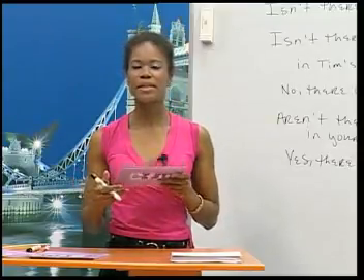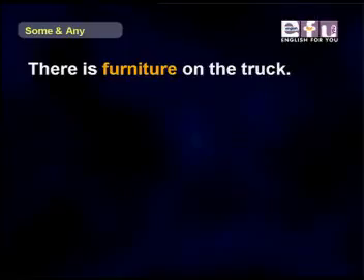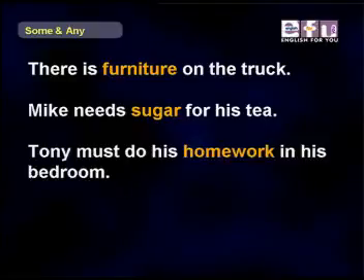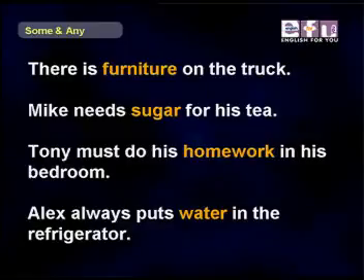Now, look at these sentences. There is furniture on the truck. Next, Mike needs sugar for his tea. Next sentence, Tony must do his homework in his bedroom. Next example, Alex always puts water in the refrigerator.